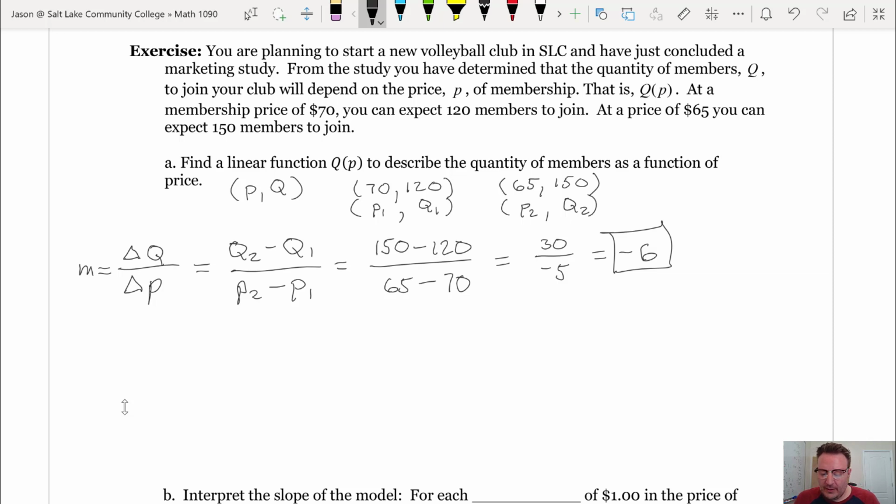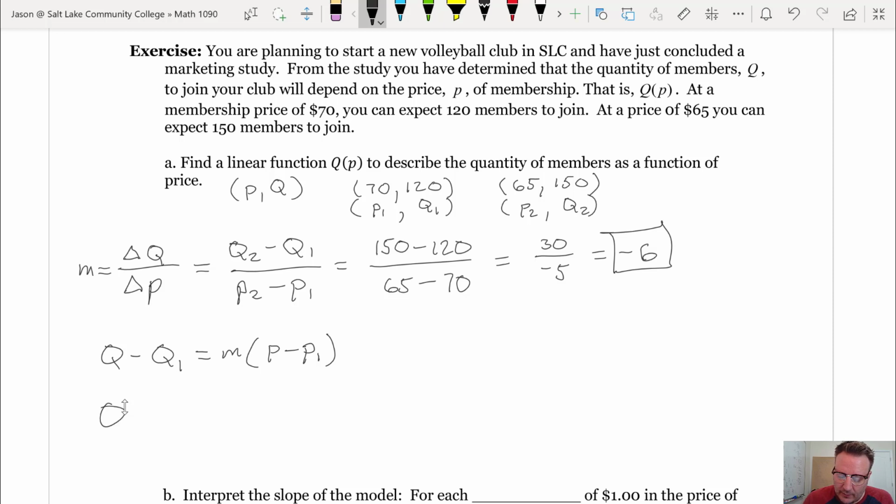Okay. Now we need to take the slope and a single point, plug it into the point slope formula, which in this context is going to be given by the output variable: Q minus Q1 is going to equal M times P minus P1.